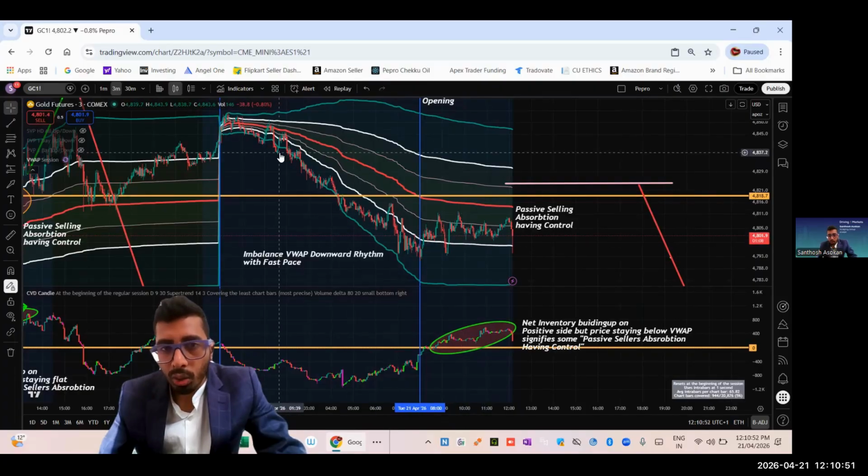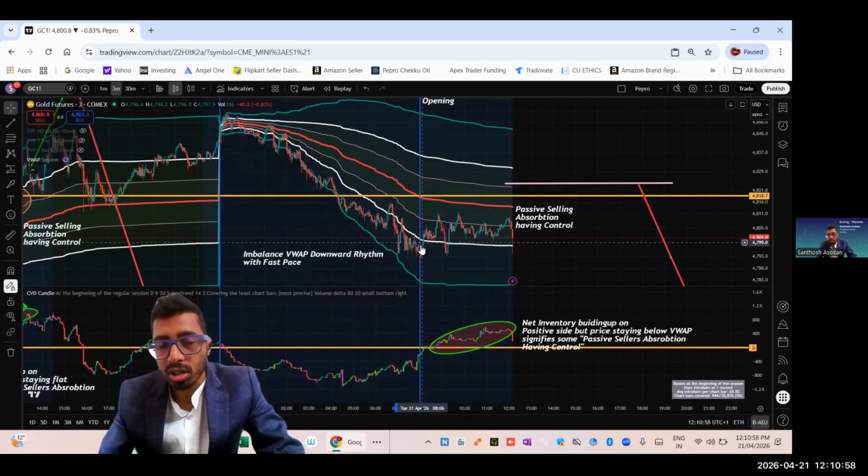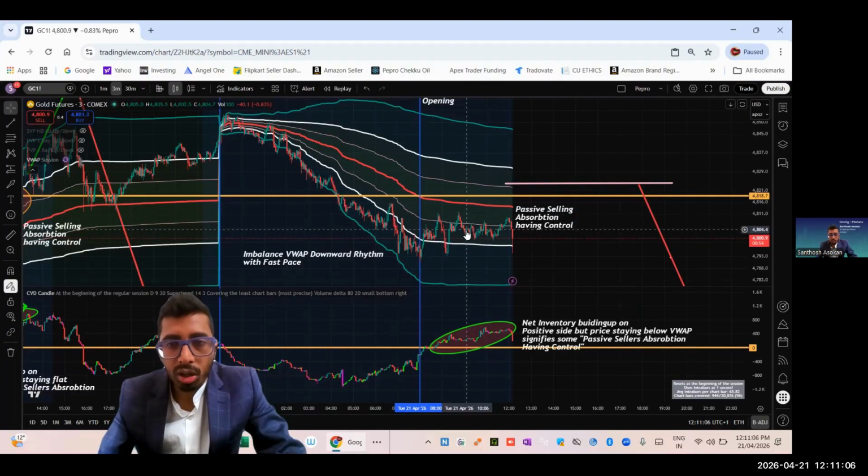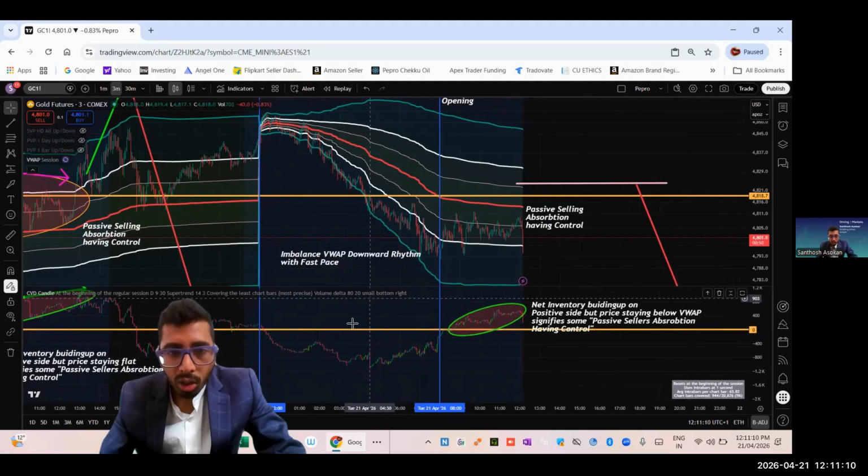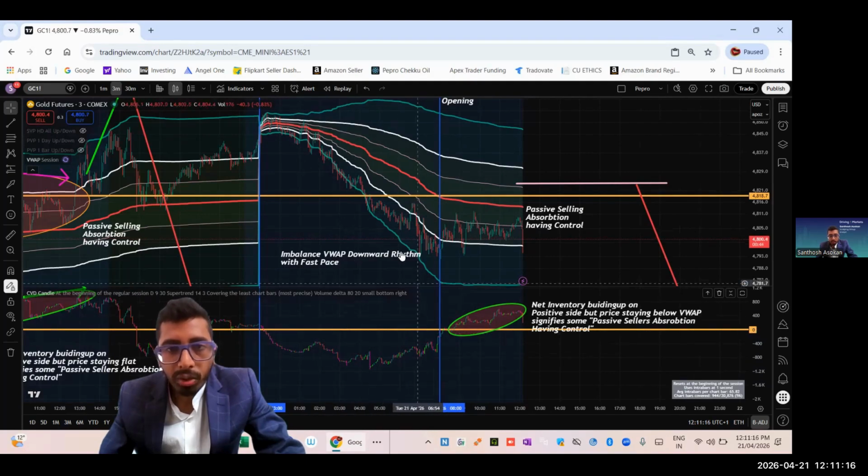So the current situation is that the downward rhythm, which was fast-paced in the early overnight session, has slightly shifted to a normal rhythm. But even though it's in a downward rhythm, I will still be looking for short opportunities, because during the overnight session there was a clear negative net inventory below the zero line, and price was clearly backed up by this inventory.